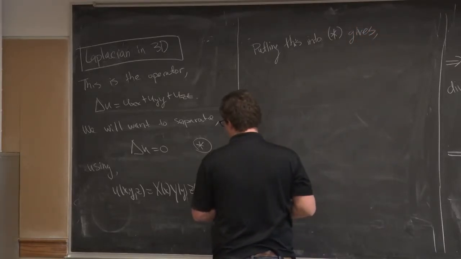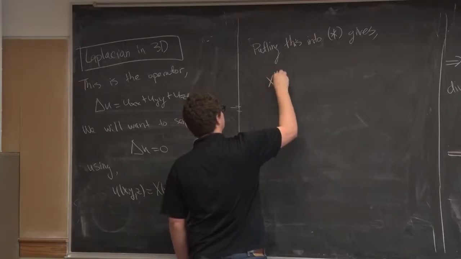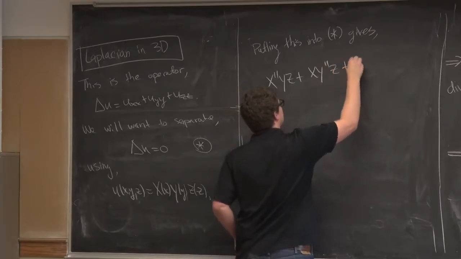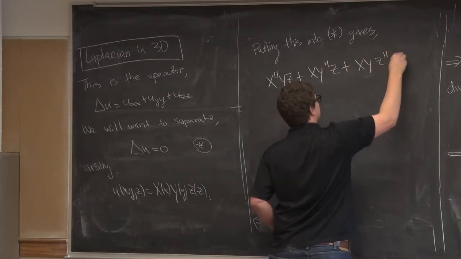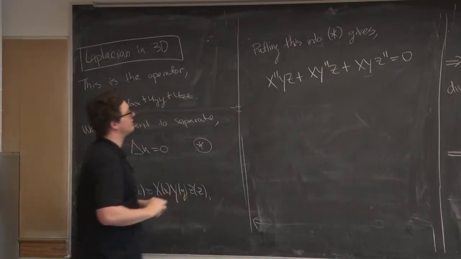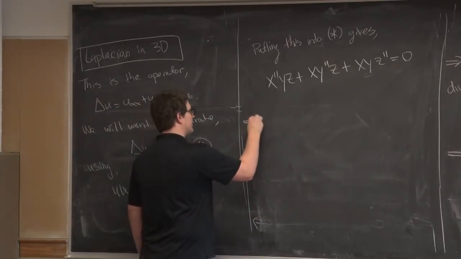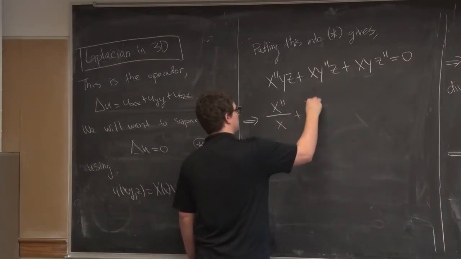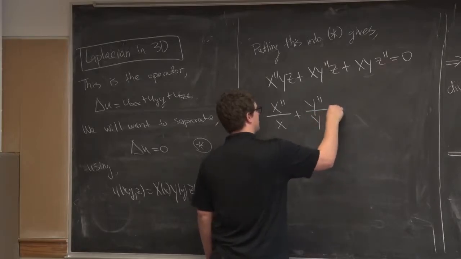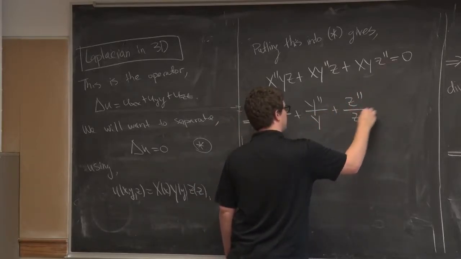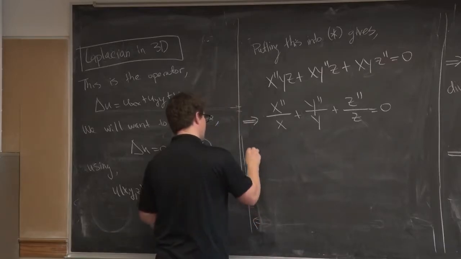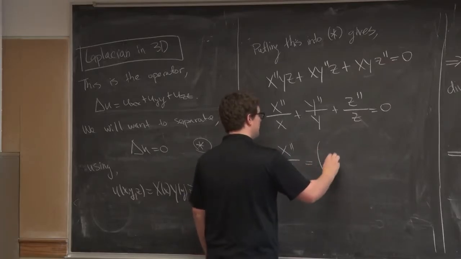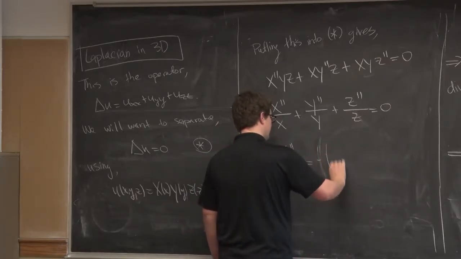it gives the following. It gives that, so we'll have x prime prime, so we have this equation here. Okay? And so this tells us that this is equal to 0, okay? Or it tells us that x prime prime over x is equal to, well, let's say minus y prime prime.